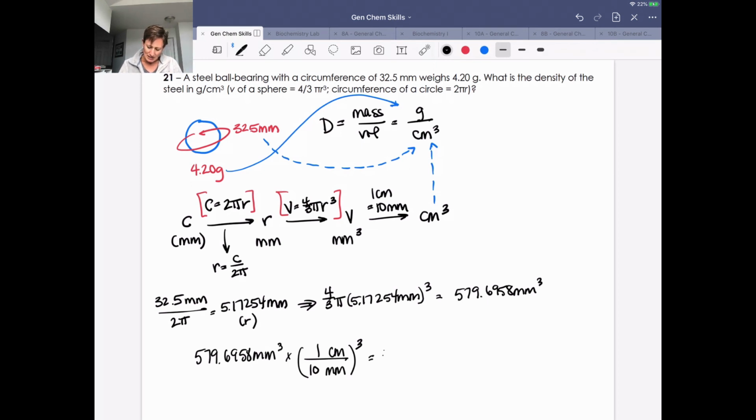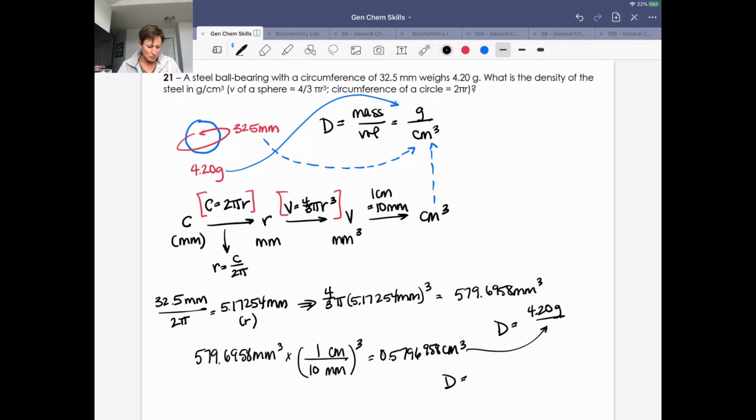And then we end up getting 0.5796958 centimeters cubed. So to finish out this problem, density is going to be equal to the mass, which they told us, 4.20 grams, divided by our volume in cubic centimeters there.